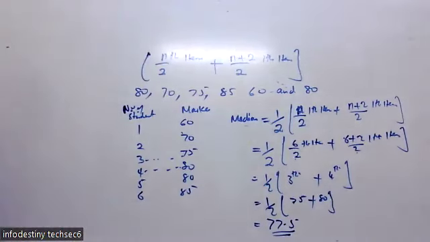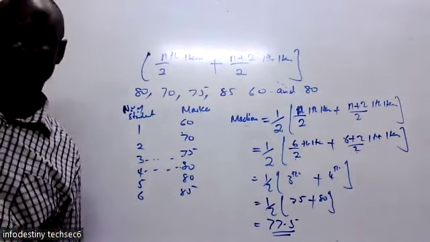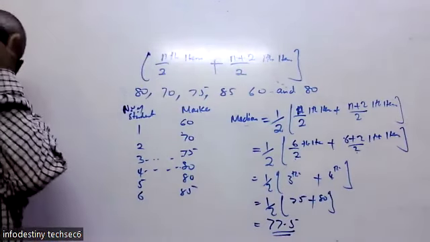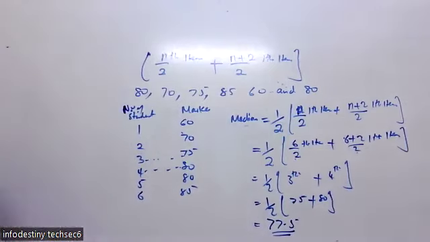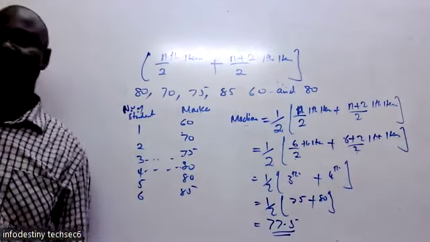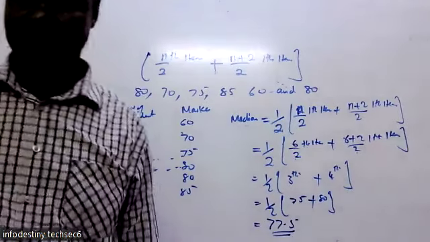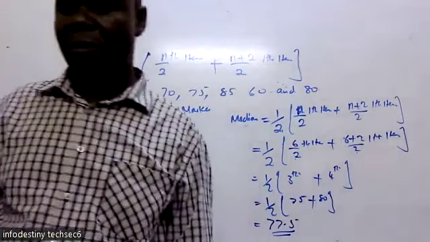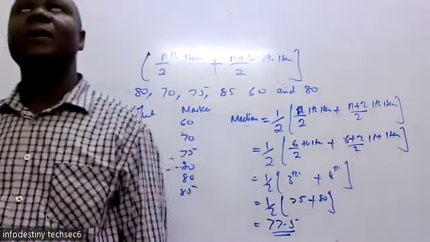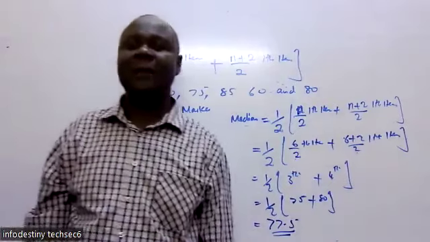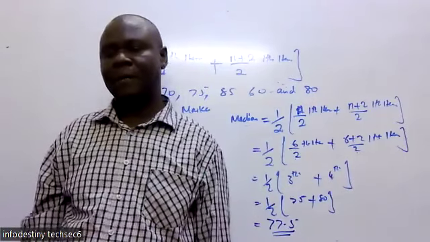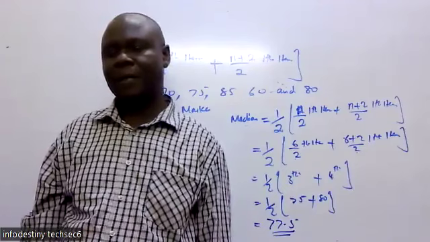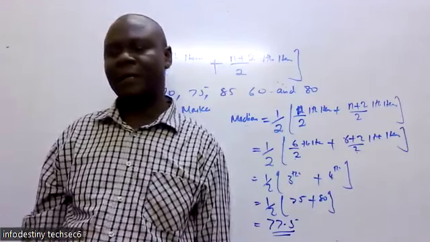In a discrete series, the items are first arranged in ascending or descending order of magnitude, and their corresponding frequency are written against them.